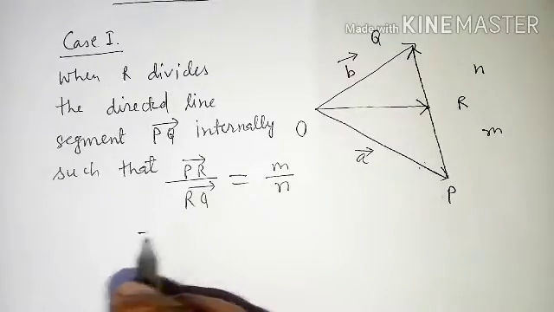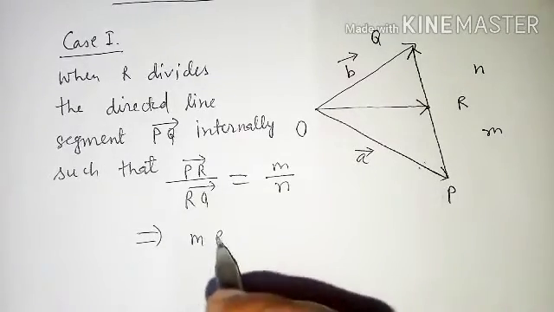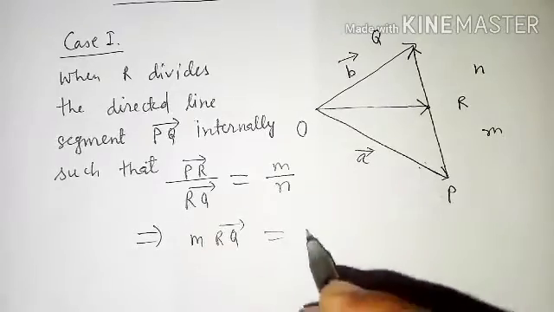This implies that m vector RQ is equal to n vector PR.